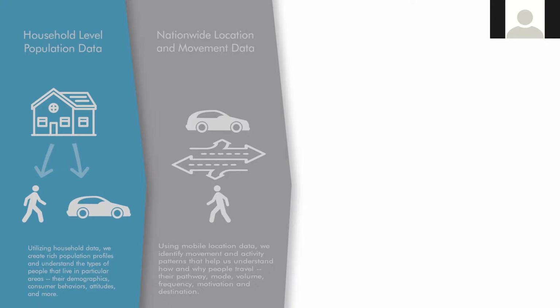And really why people are doing it: what's their mode of travel, their intent, the motivation for their trip, the destination, and how often they take these trips. That allows us to create a nationwide trip matrix, modeling and understanding everybody's movement simultaneously across the country.